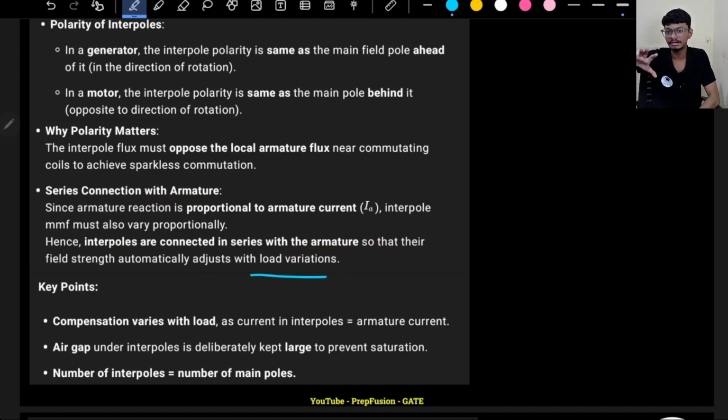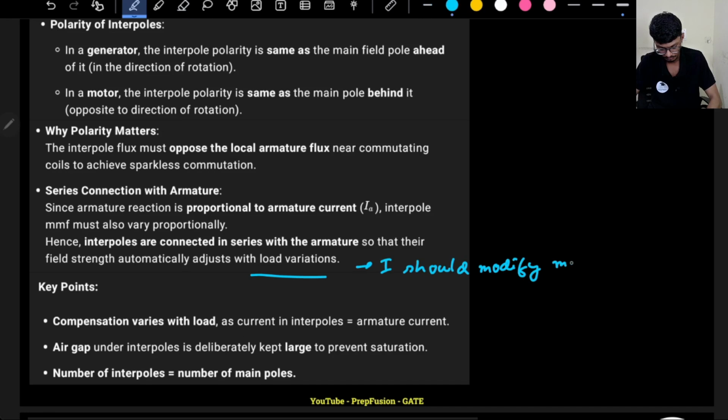But if, let's say, the interpole current was proportional to the shunt field current, then if the load changes, the interpole compensation is the same, but I should modify my compensation according to the load current, according to the armature reaction, and armature reaction is proportional to the load current.